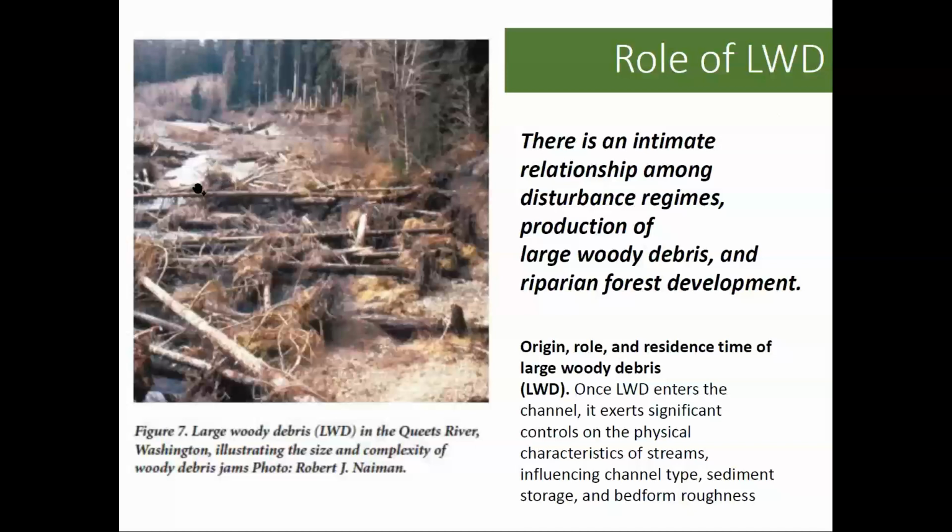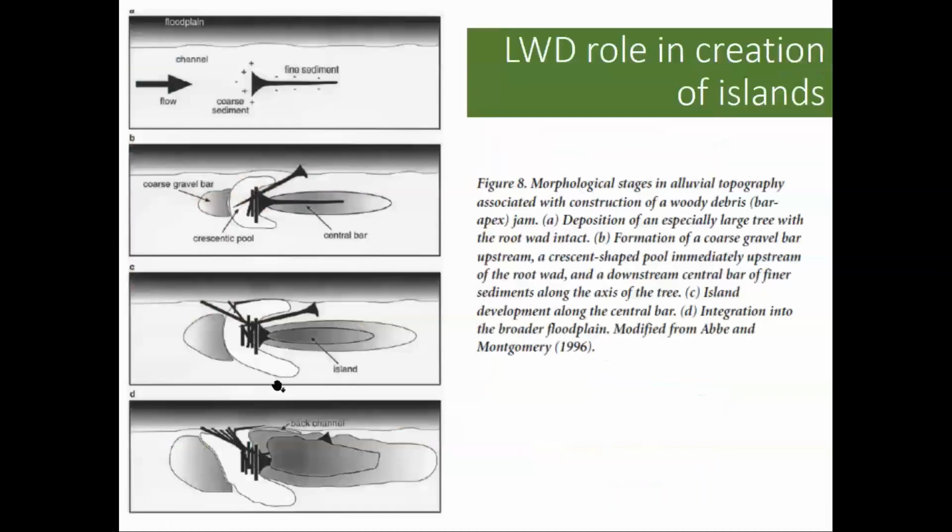What that wood can start to do is build different log jams or debris jams in larger streams, and those can contribute to the formation of new channel bars or islands. So you have the beginning of sediment deposition being captured around this log, for instance, and over time more logs and debris will jam up against that log, and you'll start to get the formation of new channel bars.